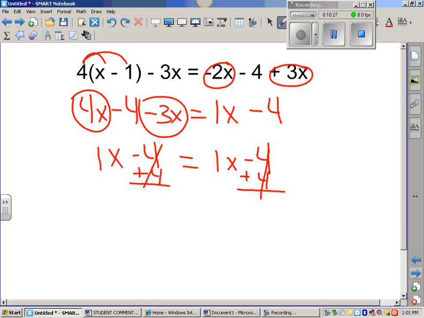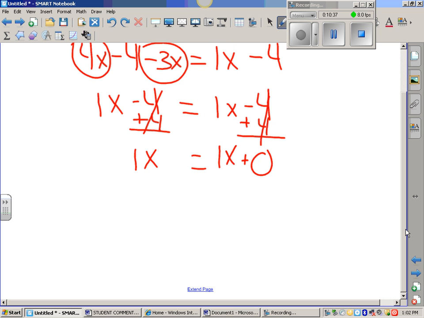You're going to get 0, you don't have to write the 0, but you can if you want. And then you're going to bring down 1x on each side. And then x is just going to equal x. No matter what you plug in, you're always going to get that number. And then you're going to get infinitely many solutions.